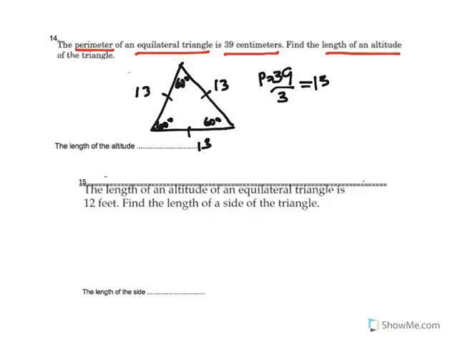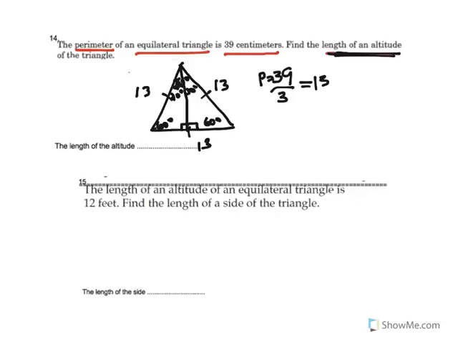Now the problem asks us to find the length of an altitude. So we need to draw that altitude. And now we have 30 here and 30 here. These are 90. We have a 30, 60, 90 triangle.